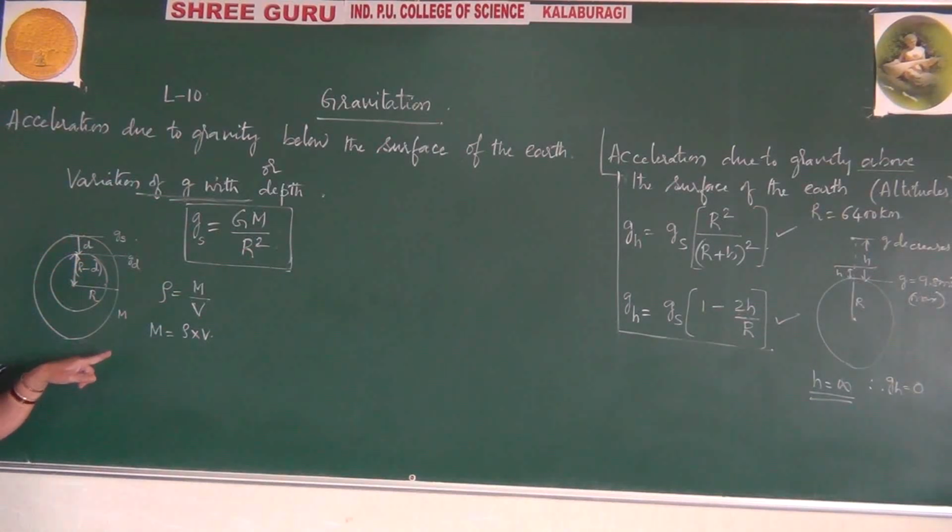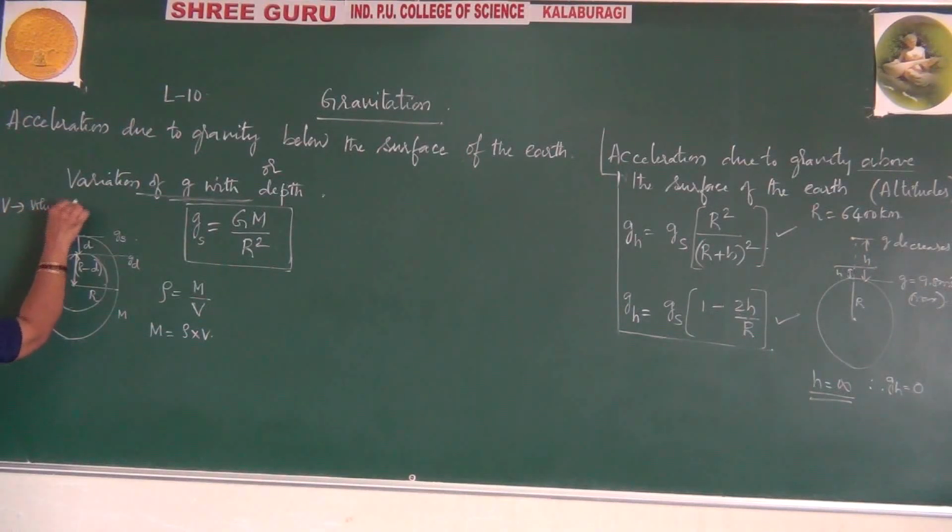It looks like a sphere, so v is nothing but the volume of a sphere. You know the volume of the sphere is 4 by 3 pi r cube. This is the one formula we have, where the radius is r.